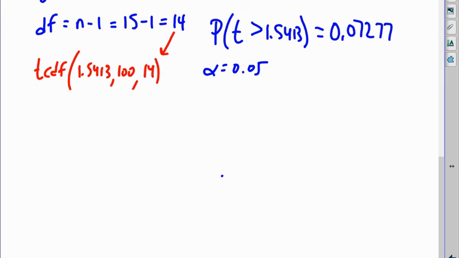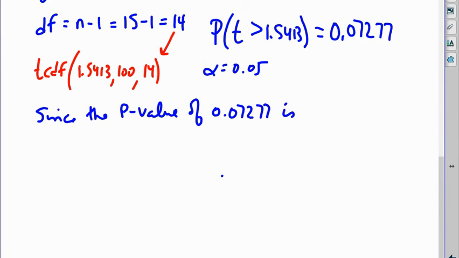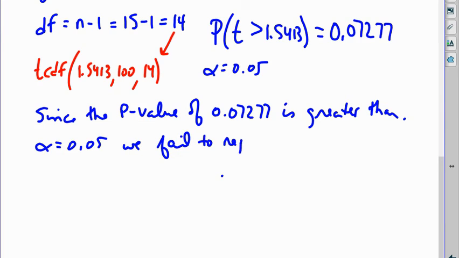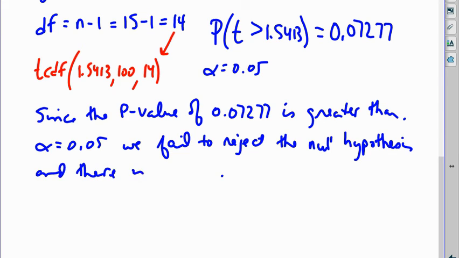Okay, since the p-value of 0.07277 is greater than alpha equal 0.05, we fail to reject the null hypothesis and there is not convincing evidence that the batteries last longer.